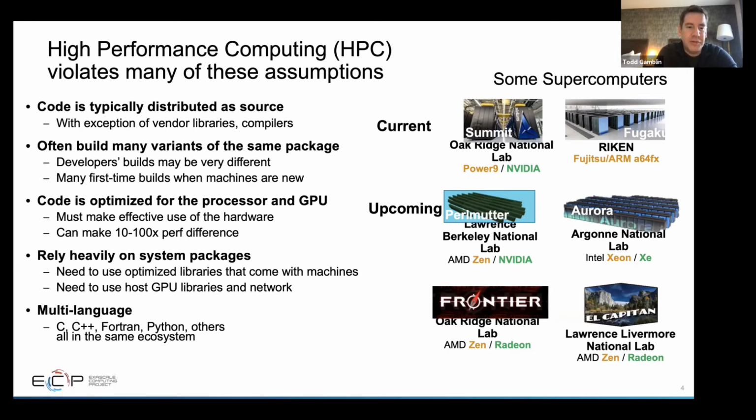HPC codes are built from C, C++, Fortran, Python, lots of different things. We can't have sort of a language assumption. It's not like pip, where it's mostly just for Python, although they're finding that they can't get by with just that, and people are putting more and more things into pip. There are many different languages that we have to use, so we're not a language-specific package manager.